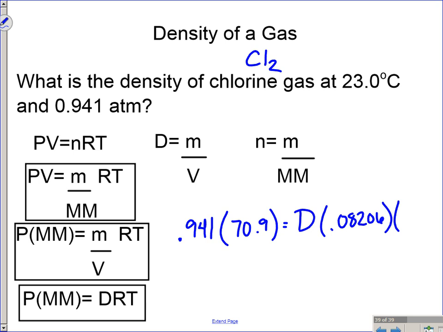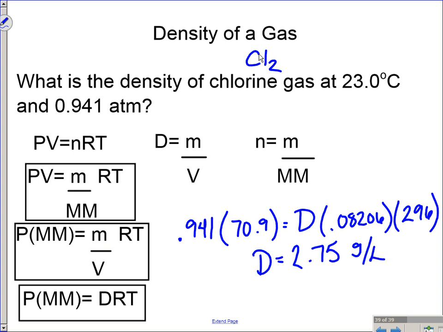And then our temperature, remember, has to be in Kelvin. So do the 23 plus 273, and we get that this is 296. So if we divide by everything on the right, we get that our density is equal to 2.75, and our units are grams per liter.